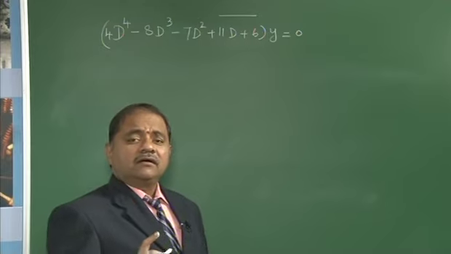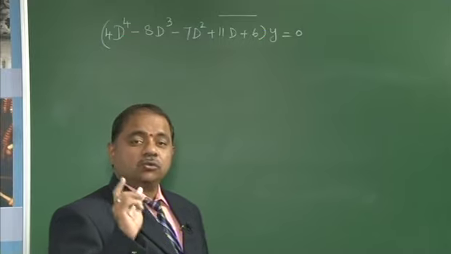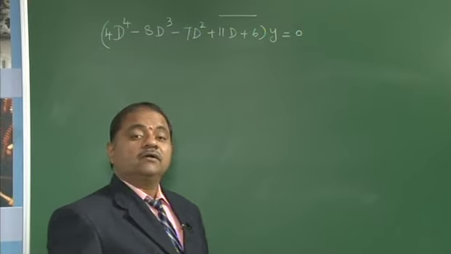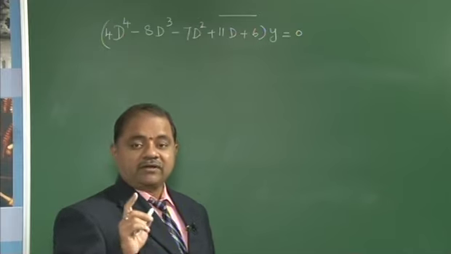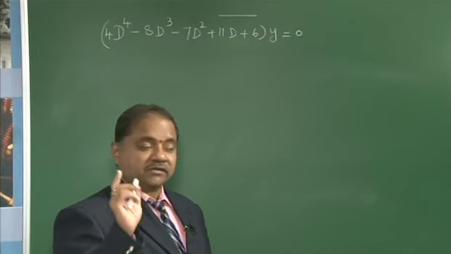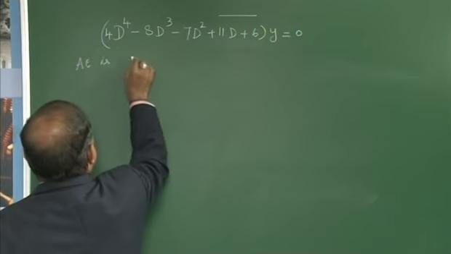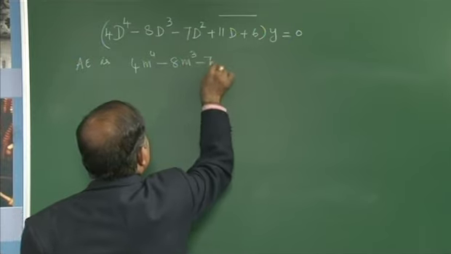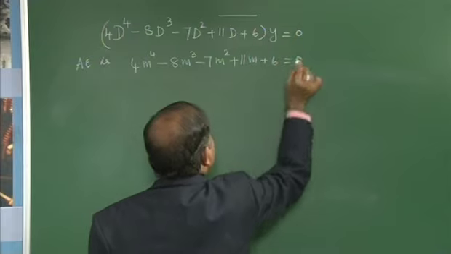For that, from algebra there is a rule: out of the 6 values plus or minus 1, plus or minus 2, plus or minus 3, one value will definitely satisfy the equation. So, I am writing the auxiliary equation as 4m power 4 minus 8m cube minus 7m square plus 11m plus 6 equal to 0.